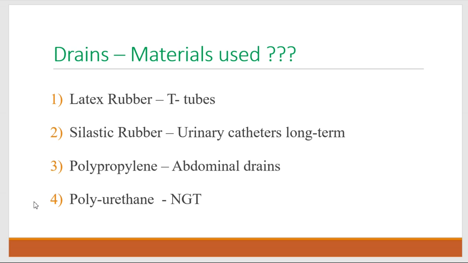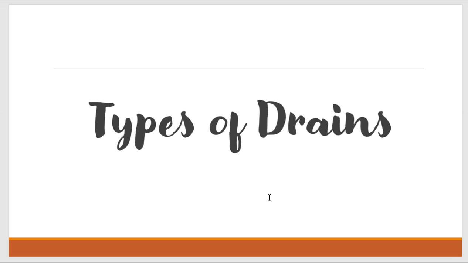This is what we have just discussed. The examples: latex rubber T-tubes, silastic rubber urinary catheters for long-term placement, then polypropylene abdominal drains, then polyurethane, the various nasogastric tubes. Clear? Very important topic for entrance exams, very commonly asked MCQs.